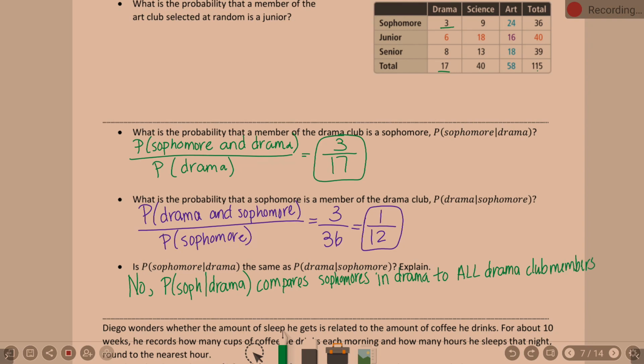While the probability of a student being in drama, given they are a sophomore, compares, again, sophomores in drama, so that's the same.